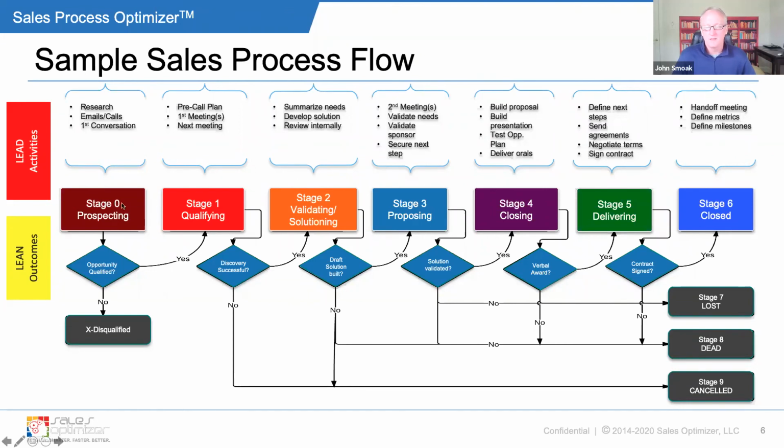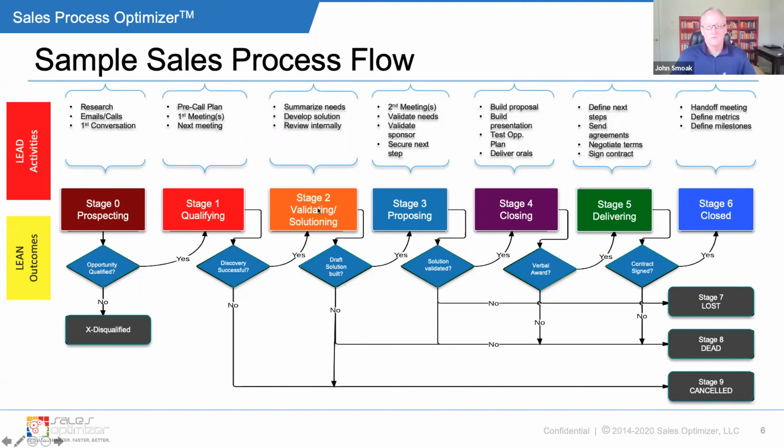Now, I want to talk about stage naming while I'm on this slide. When I get involved with clients, a lot of times I will see them naming the stages what I would consider to be an outcome. As an example, instead of proposing, I might see the proposed stage. Because people don't really have a good understanding of how to leverage outcomes and stages, they literally name their stages things like proposed or demo.